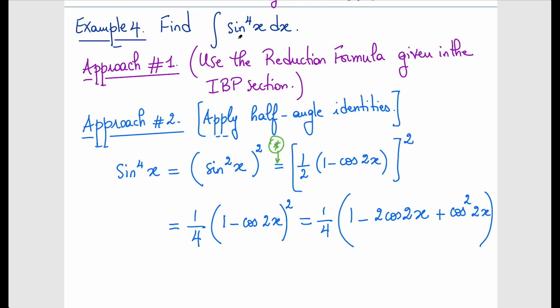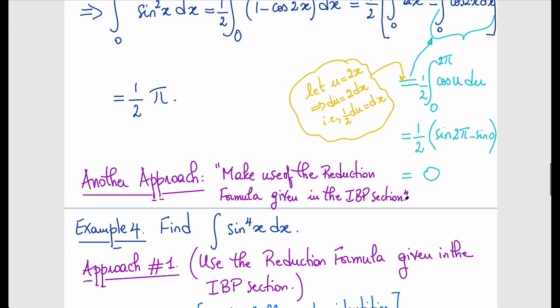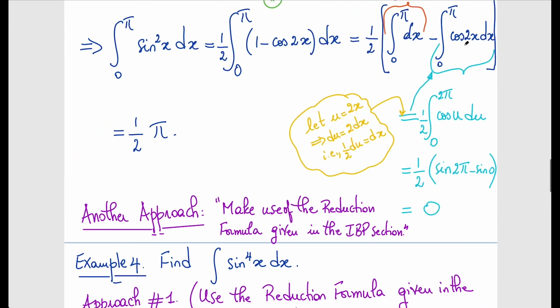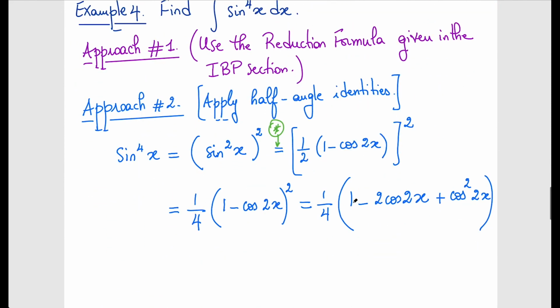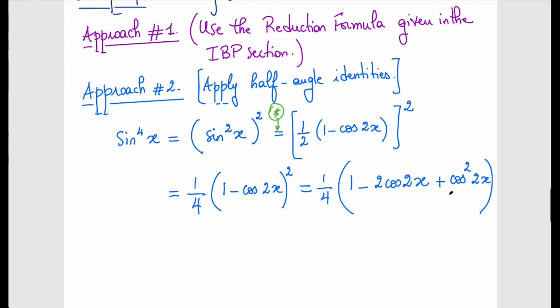So the primitive of sine to power 4x is going to be the primitive of 1/4 times 1, which is easy. That's going to be the primitive of 1/4 times 2 times cosine of 2x. So it comes down to finding the primitive of cosine of 2x, which is also easy. We've done it, actually. It's right there, right? It's very similar to this work that was actually done in example 3. And the last part, we're going to integrate cosine squared of 2x.